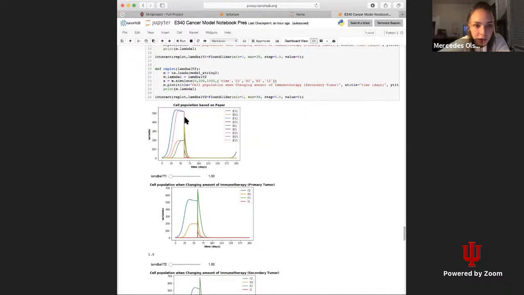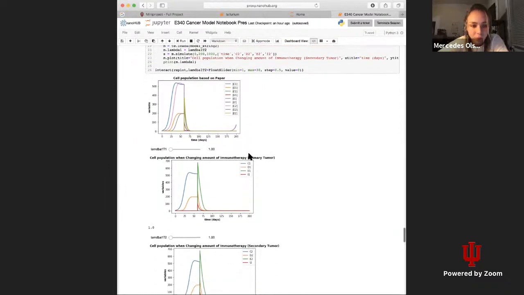Here's that it goes away, and then you can see that the time in days is now longer. It's at 200, whereas just from the radiation I just had it at 100, and you could already see the cells coming back up over here. Now that you've put the immunotherapy into place, it's taking much longer for the cancer cells to come back.